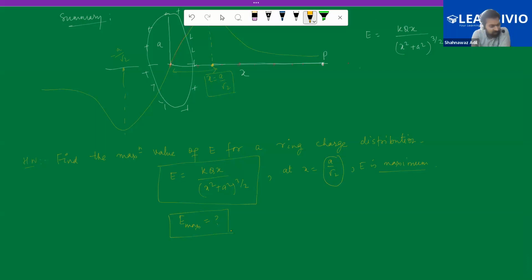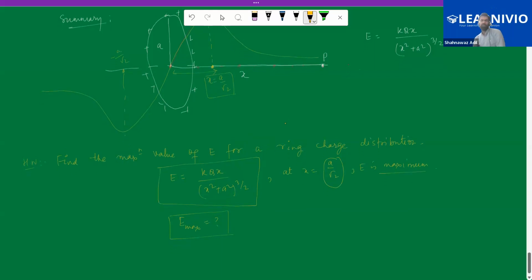And then I will talk about the force on a charged particle in the presence of the electric field. Please note down this question. Quickly note down this question and then we'll talk about the next topic.